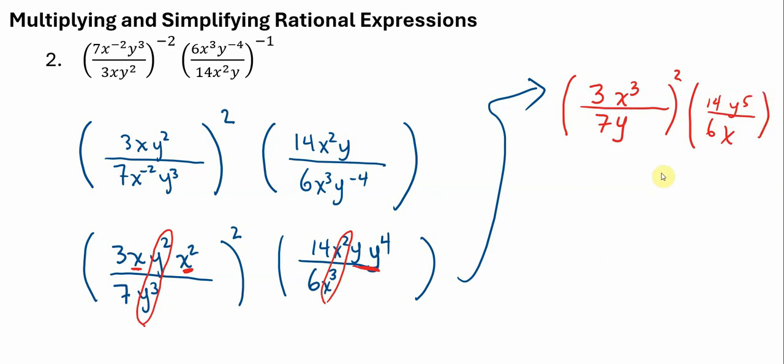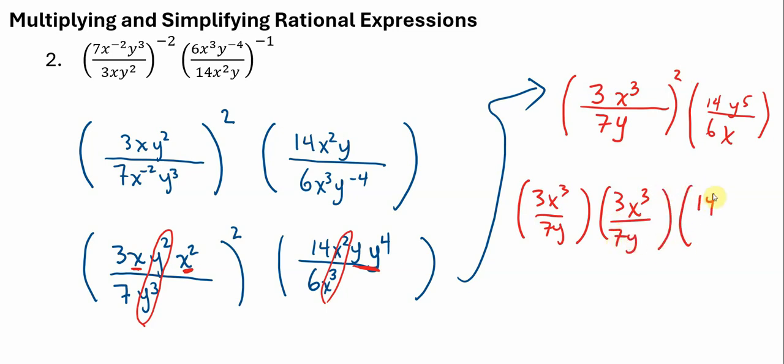Now what we can do is square everything, and square here just means to multiply everything in here by itself. So I'll write this out. It's maybe better if we do this: 3x cubed over 7y times 3x cubed over 7y, and then 14y to the fifth over 6x.